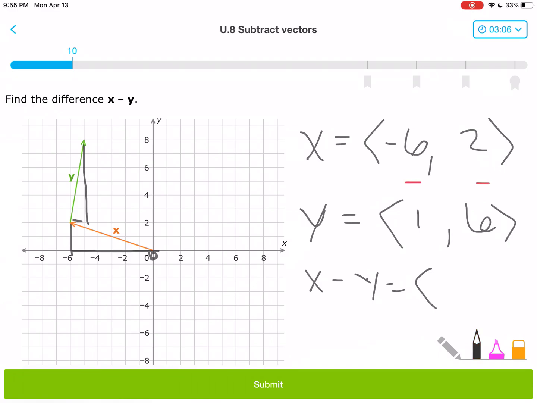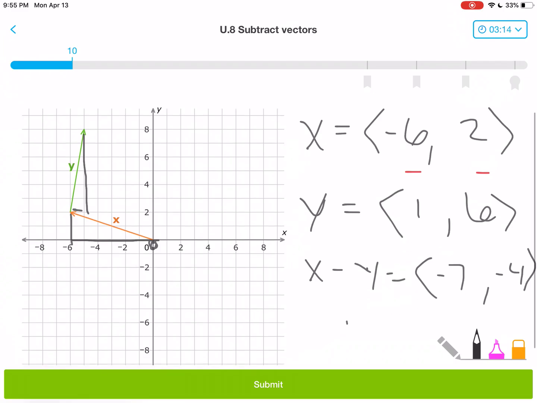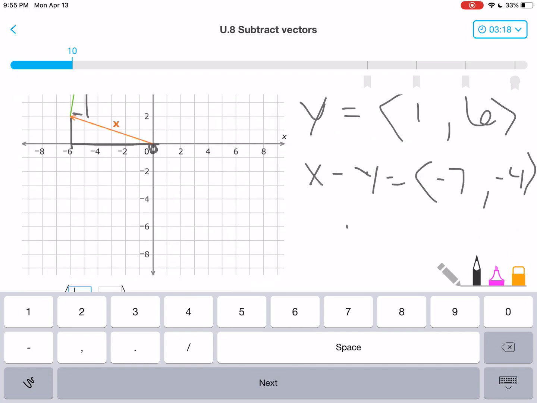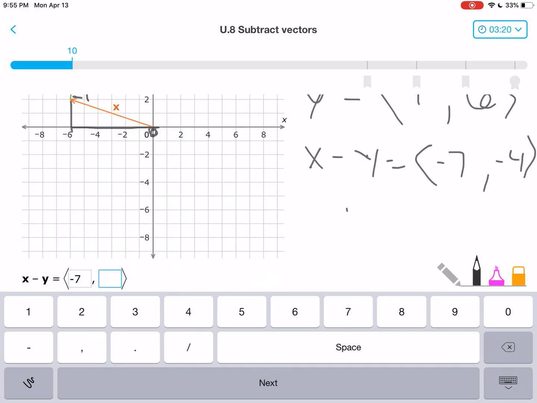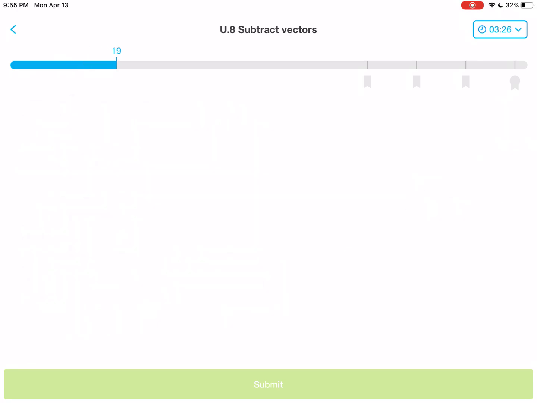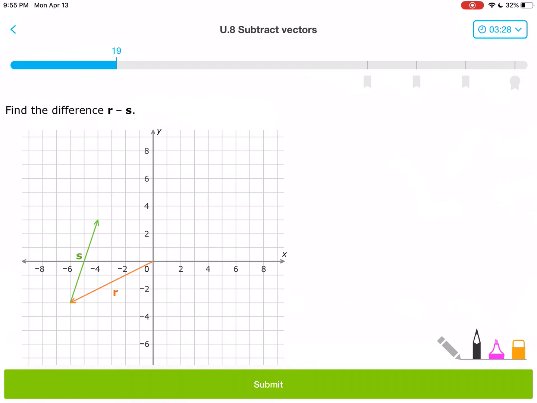Negative 6 minus 1 would be negative 7, and 2 minus 6 would be negative 4. So it would be negative 7, negative 4. There we go. The rest of the problems are going to be similar to that. Just use that information and you should have everything you need to solve these problems.